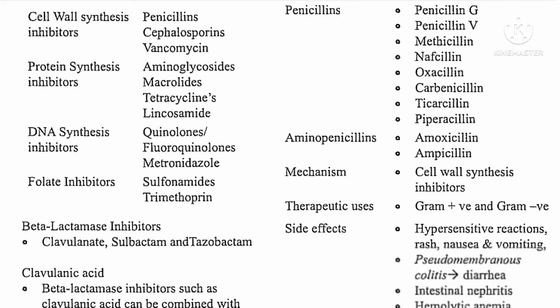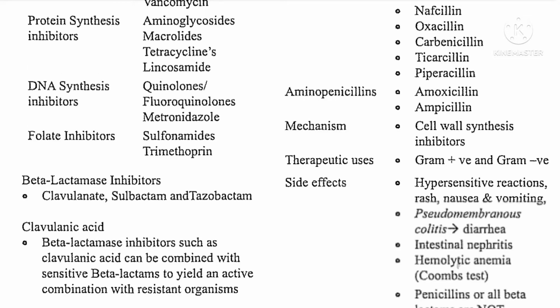Its major side effects include hypersensitivity reaction and rashes, nausea, and vomiting. The action of penicillin is inhibited by beta lactamase, so we use it in combination with beta lactamase inhibitors: amoxicillin and clavulanic acid, piperacillin and tazobactam, and ampicillin and sulbactam.